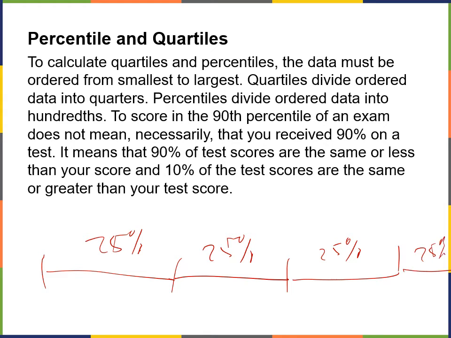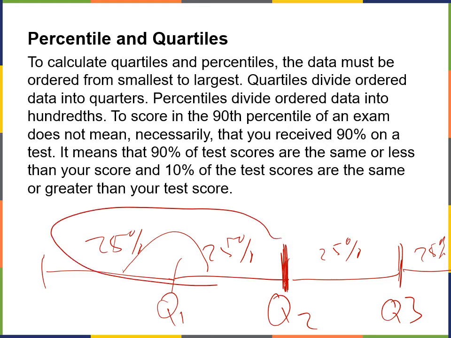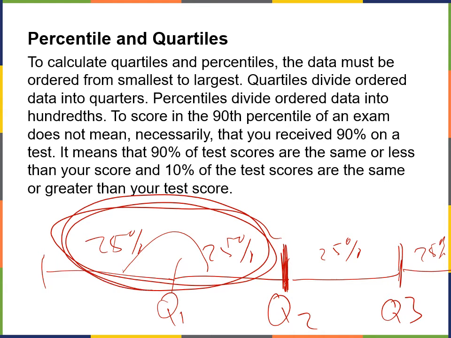You divvy your data into 4 pieces, and each one falls into each group. The point that separates the first 25% from the second 25% would be Q1, quartile 1. The next one would be quartile 2, and the next would be quartile 3. If you were sitting at quartile 2, half of your data, 50% total, would be below it, and 50% would be above it.